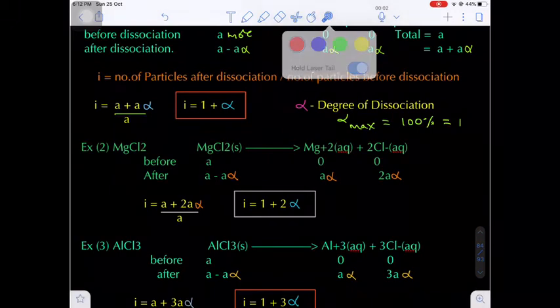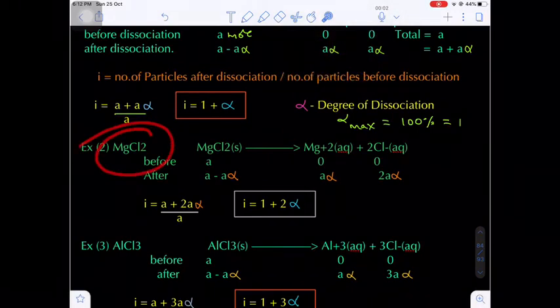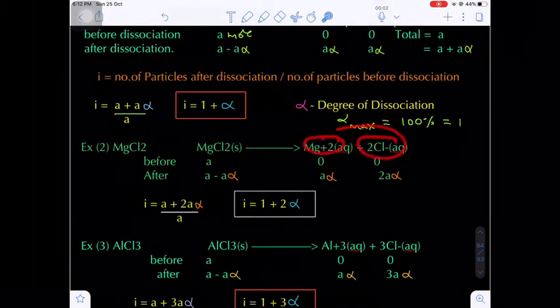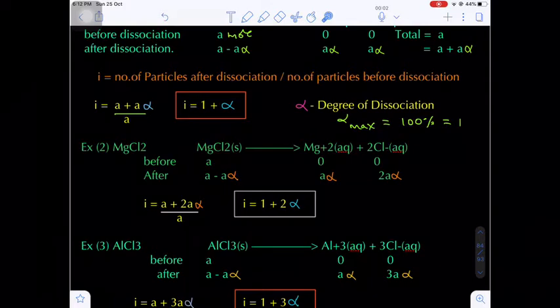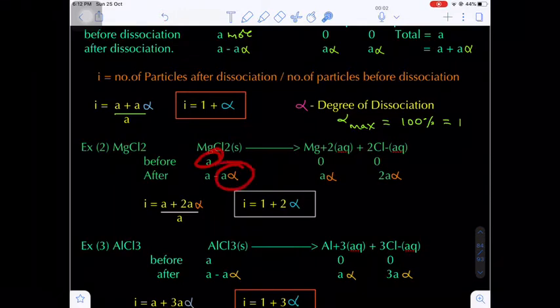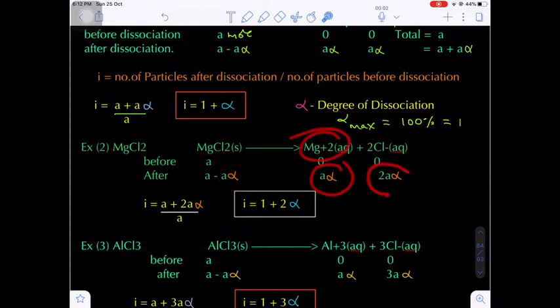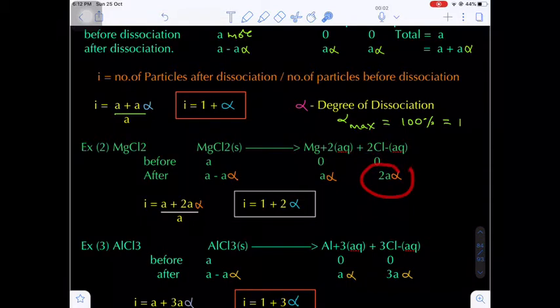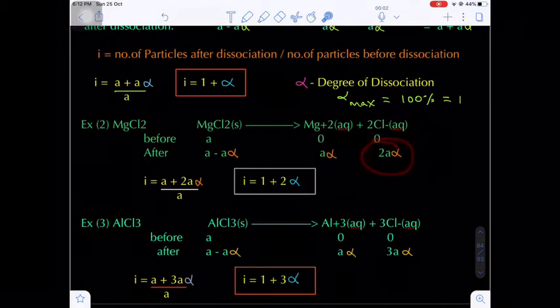Let's take a second example, magnesium chloride, which dissociates as Mg2+ and 2Cl-. Suppose I take a moles of MgCl2, out of which a alpha moles dissociate, giving a alpha moles of Mg2+ and 2 into a alpha moles of Cl-, because the stoichiometry of Cl- is 2.